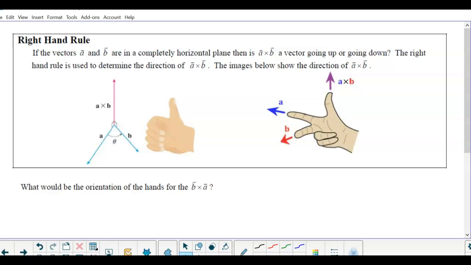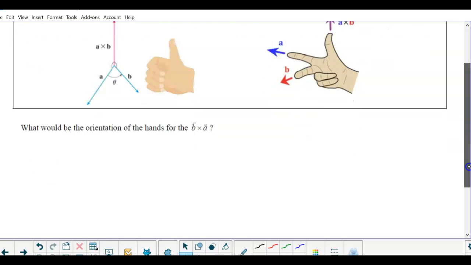So kind of like pointing at the first vector to start. Okay, so that's your first, and your thumb there is going upwards. If I have to start with B, then I'm having to go the other way around. So it's either out of, or into, if you're looking at two vectors on a piece of paper.